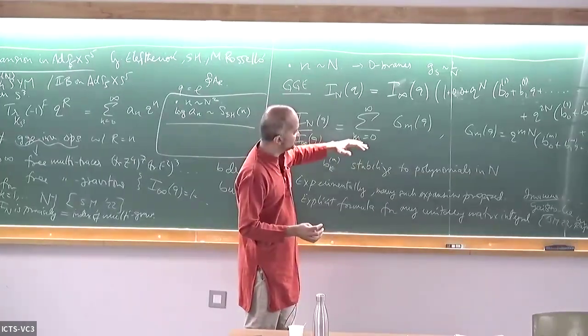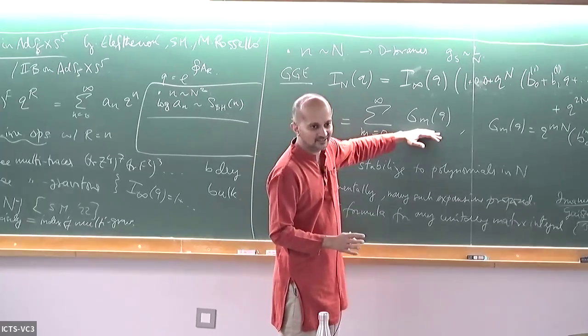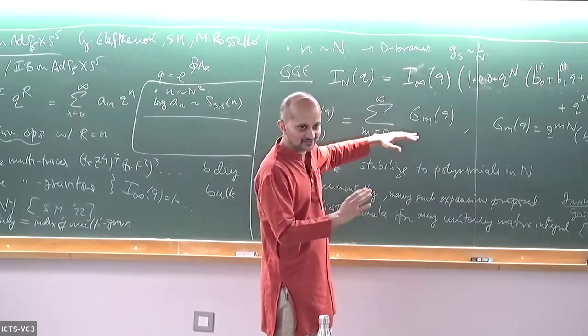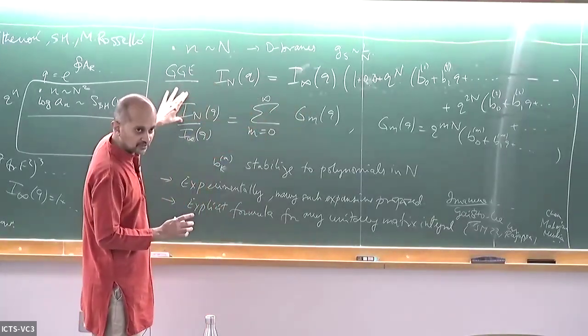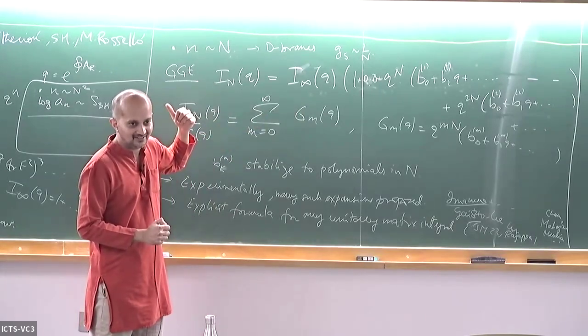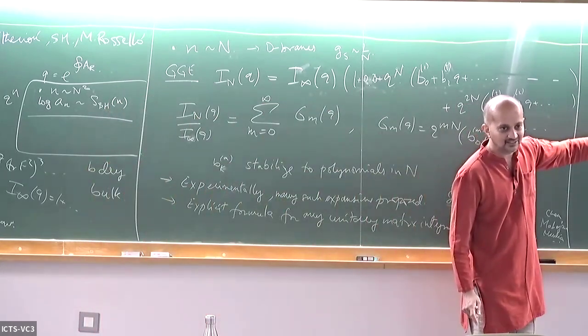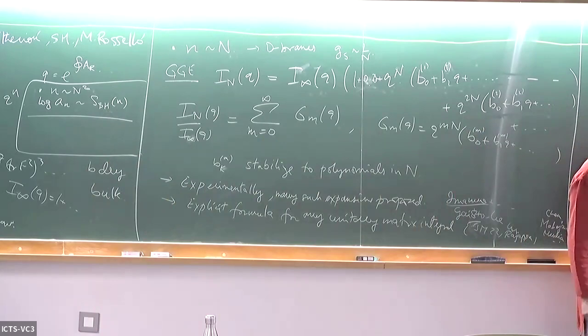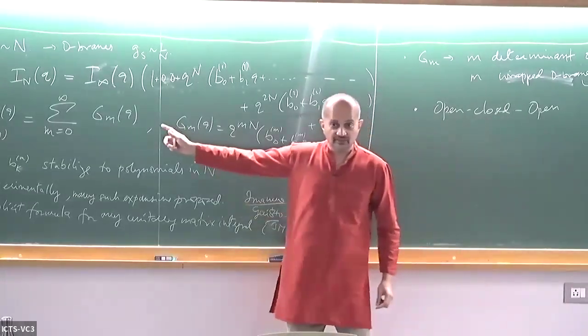But one can just check what happens to this, and it's an exact formula. Again, this goes back to my remark about convergence. This is really an exact formula for any index. So in particular, the asymptotics of this already contains the black holes. I see. Okay. That's why this remark is important. You can call it open or open plus closed, but it's different from the usual closed string expansion.